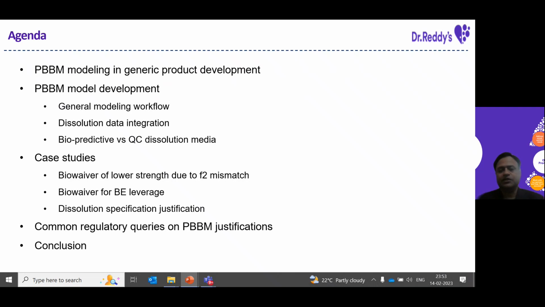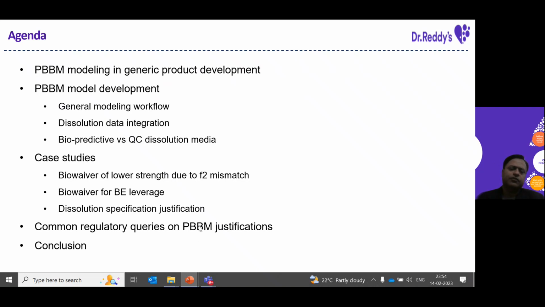I'll touch base on a couple of case studies, primarily focusing on the biowaiver of lower strength, where we see an F2 mismatch, and also a biowaiver for a BE study, which was leveraged from one market to another.